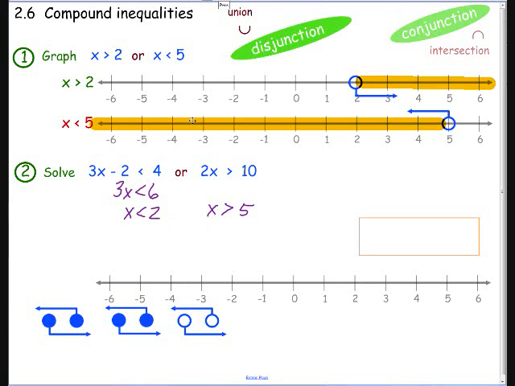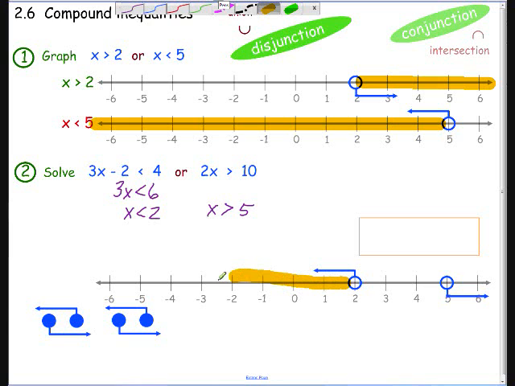In this one, just like above, I am not including the boundary point. X is less than 2, so my boundary point's at 2 and I don't include it. Use the open circle. X is greater than 5. Alright. So let's figure out where this is true overall. Well, it's true from 2 and below, and true up here.